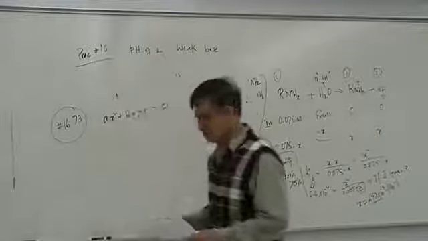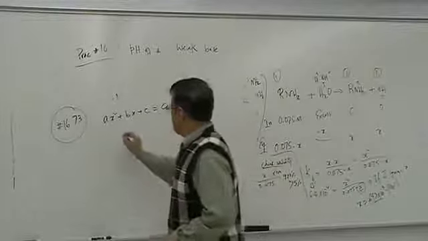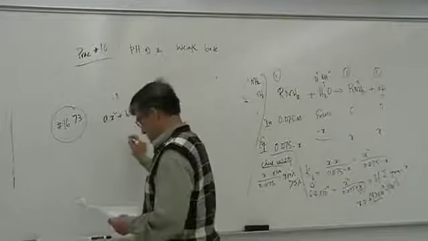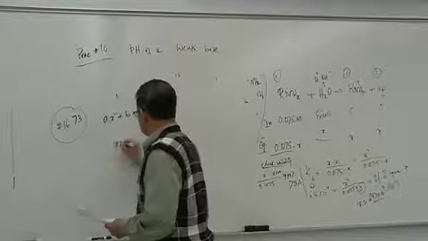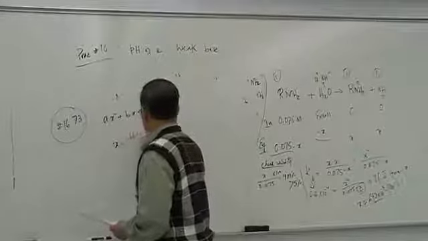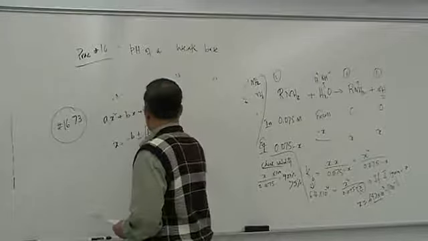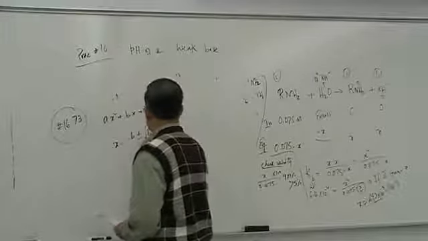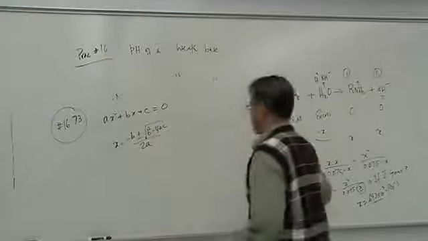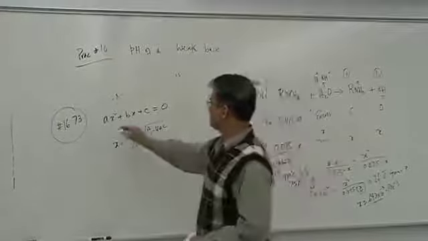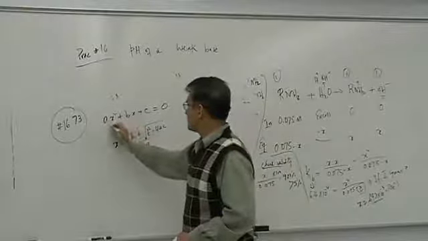That's the quadratic formula, and it would have two values of x: minus b plus or minus the square root of b squared minus 4ac, divided by 2a.